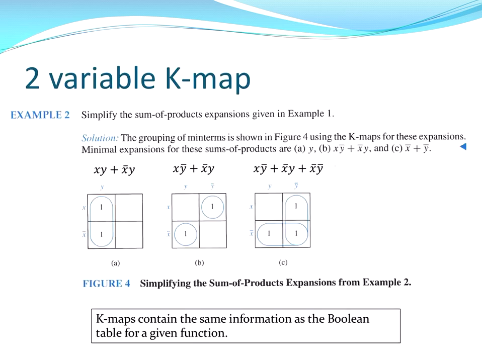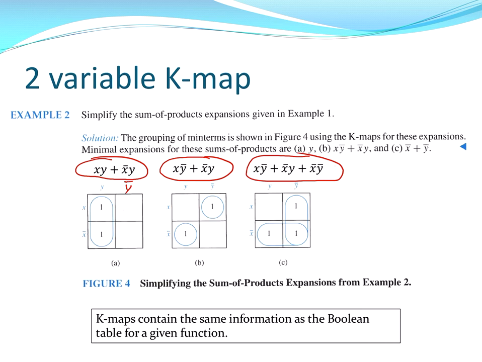The simplest examples will be the two variable K-maps. We've got three examples here, and first of all, let's identify the sum of products that we're going to be minimizing. Here's three sum of products in two variables that we'll be minimizing. We'll start with the leftmost one first. So my variables are x and y, and I let y be the horizontal dimension and x be the vertical dimension.